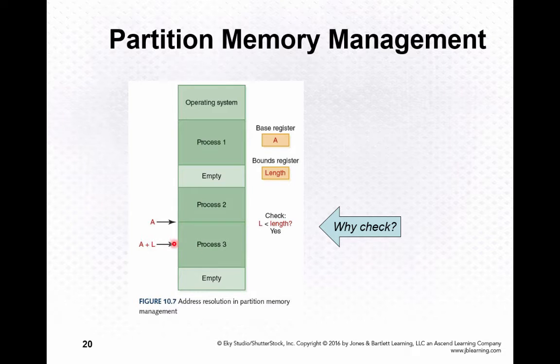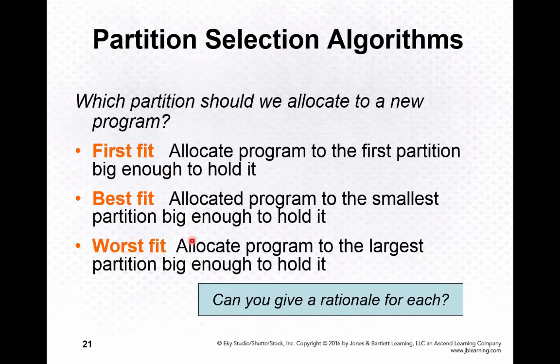And I guess you can guess the reason that's important, because down here, if you were to go too far, that might be some other process. For instance, in process 2, if I went too far, I could begin to modify the data in process 3, and that could have very undesirable effects on a computer.